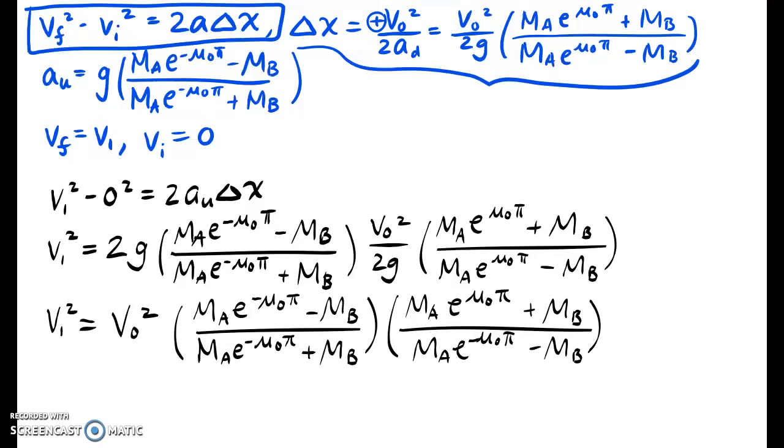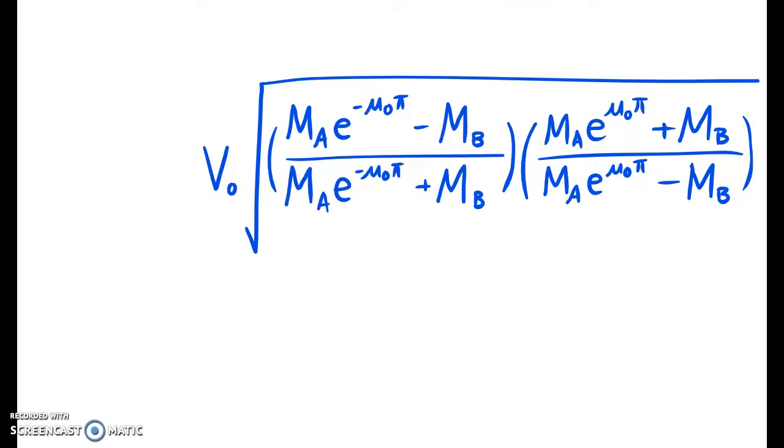So we find that V1 squared and V0 squared are related. Once we've taken the square roots of both sides, we come to the conclusion that V1 must be equal to V0 times the square root of the two coefficients of AU and delta x that we got from before. So we find that this is the relationship between V1 and V0, where V0 is the initial speed we give to object B, and V1 is the final speed at which object B returns to the original point O. And this time, V1 is moving upwards.